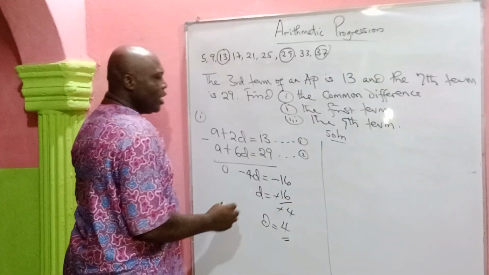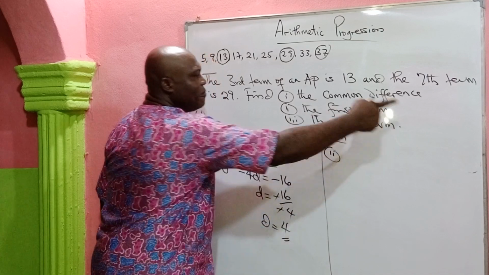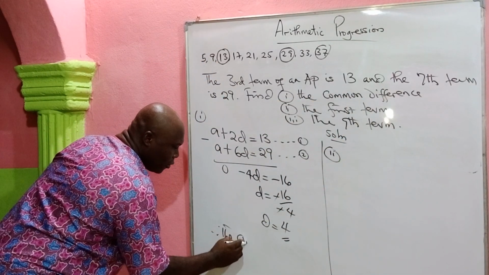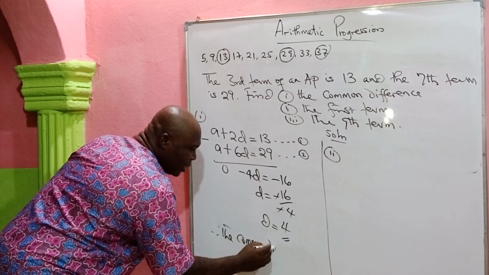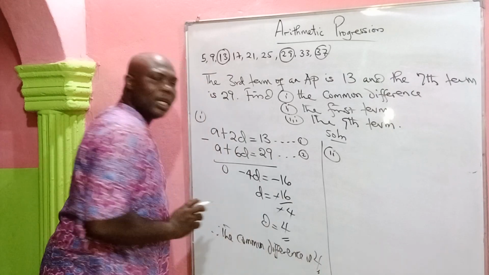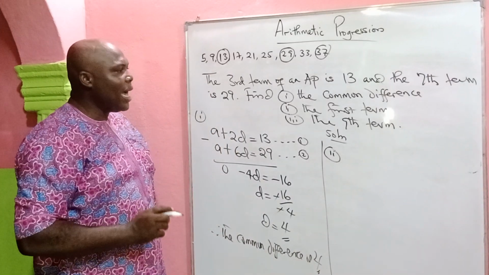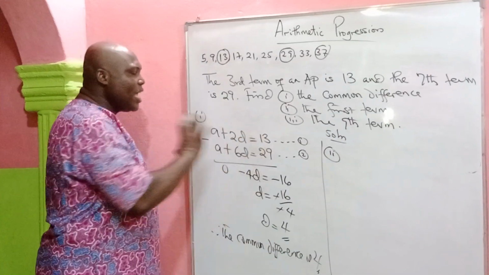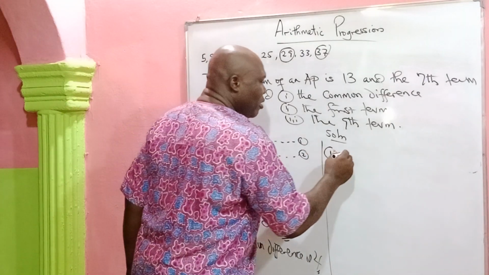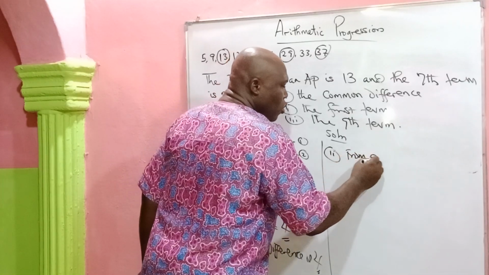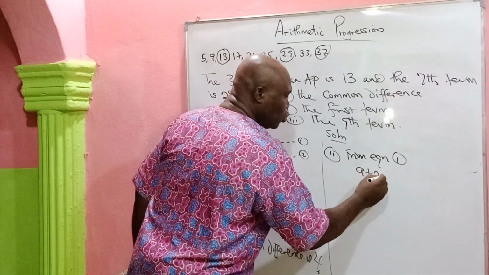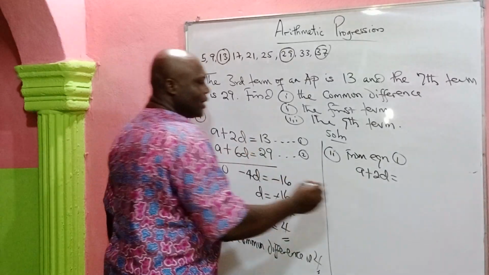Now, the next thing we need to get is the first term. Therefore, the common difference is 4. Now we need to find the first term. Considering any of the two equations, you can get the first term. So let's consider equation 1. From equation 1, we were told that A plus 2D is equal to 13.